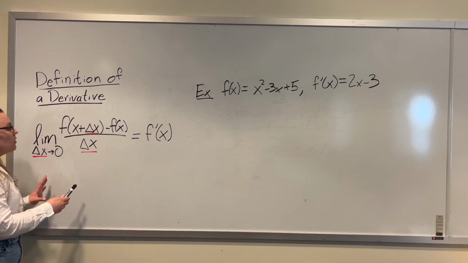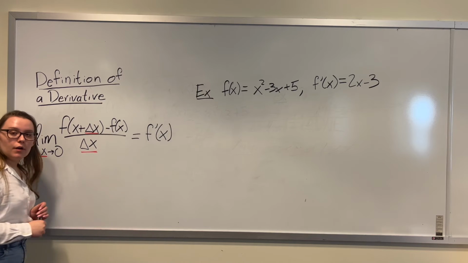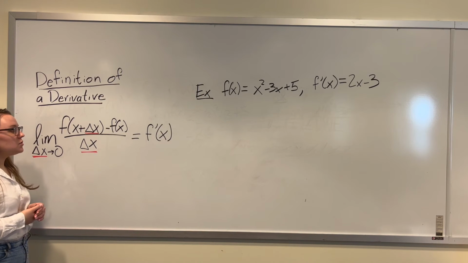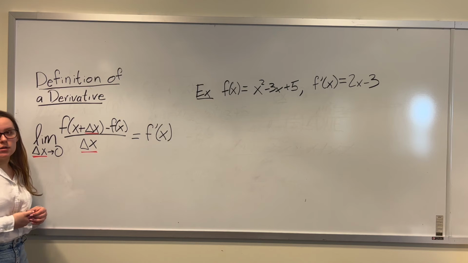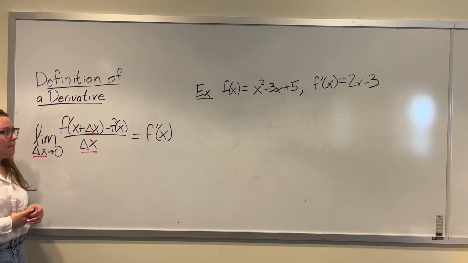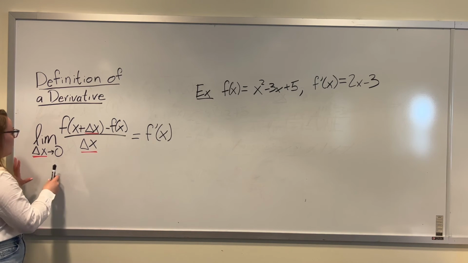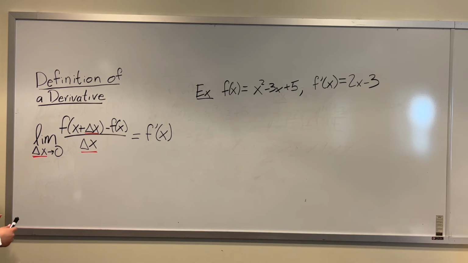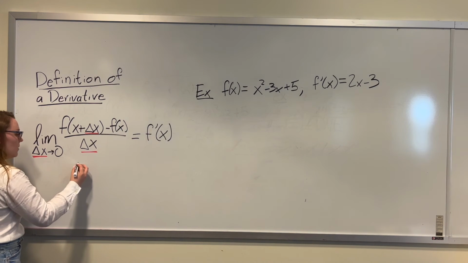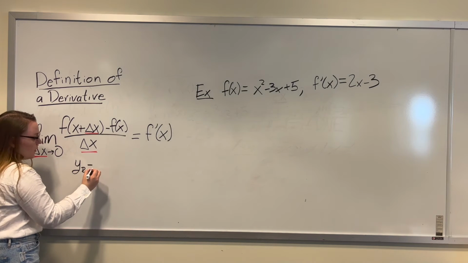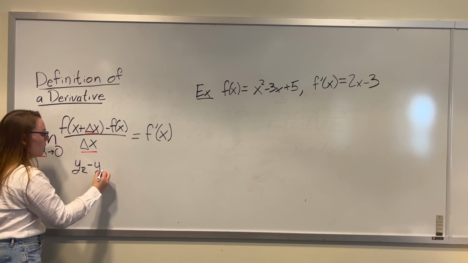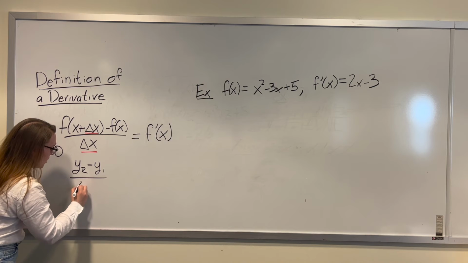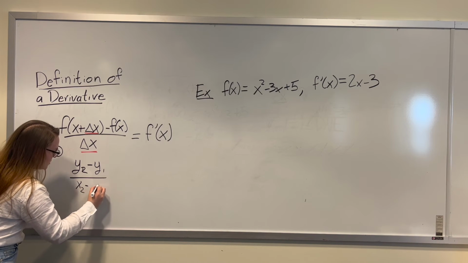So the derivative gives us a function that we can use to find the slope at any point on our function. Because if you go back a couple of years, remember when you were trying to find the slope of a straight line, it'd be the change in y, so y2 minus y1, over the change in x, so x2 minus x1.